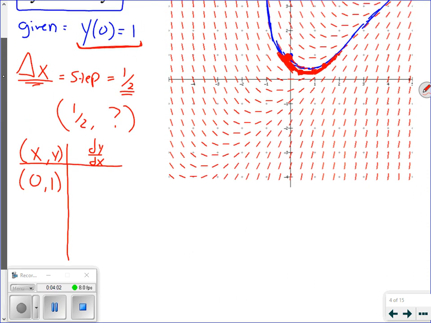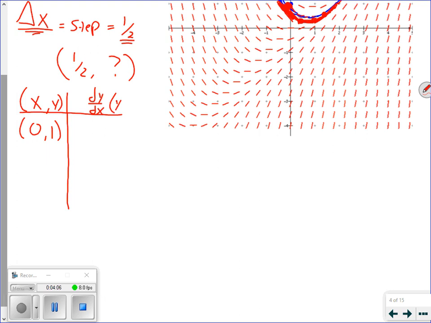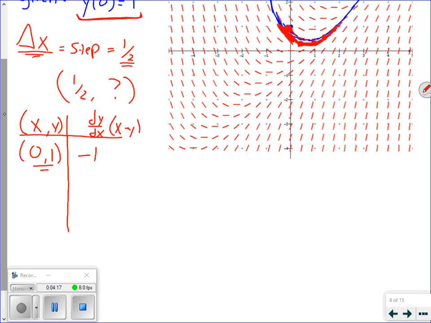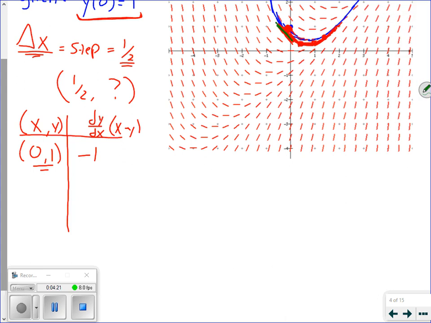And using my diff-EQ above, x minus y, I know the slope at this point is going to be equal to 0 minus 1, or negative 1. And you can see that I traced that above on my graph, that it has a slope of negative 1.